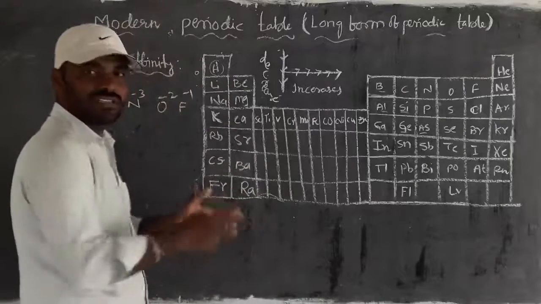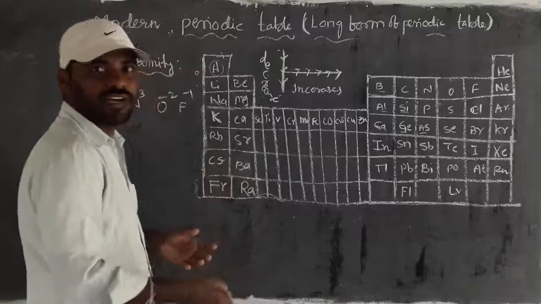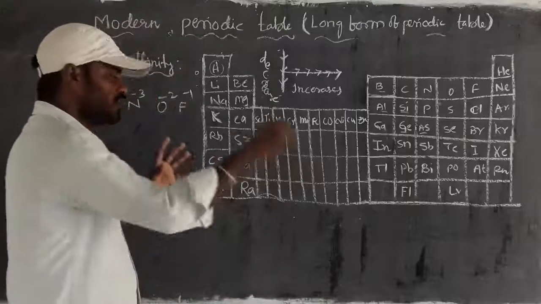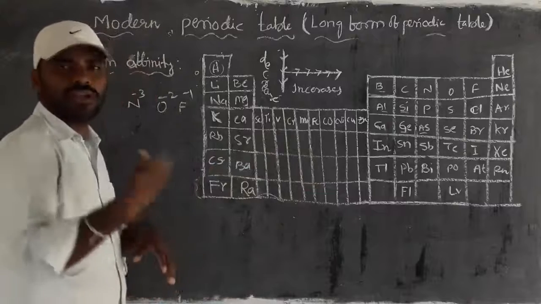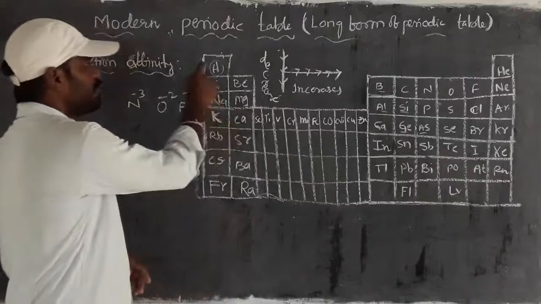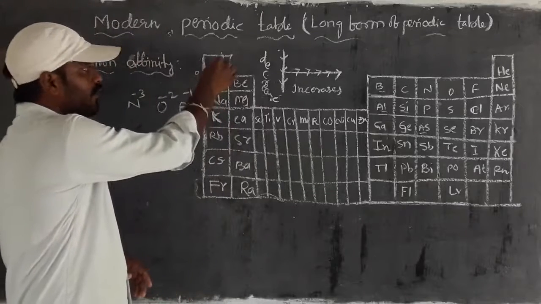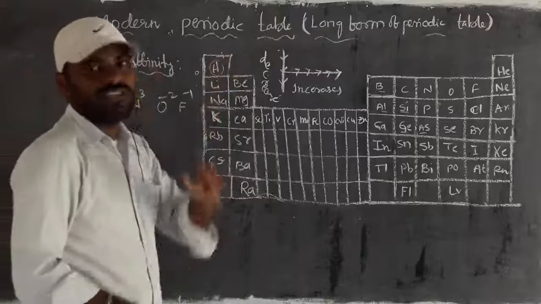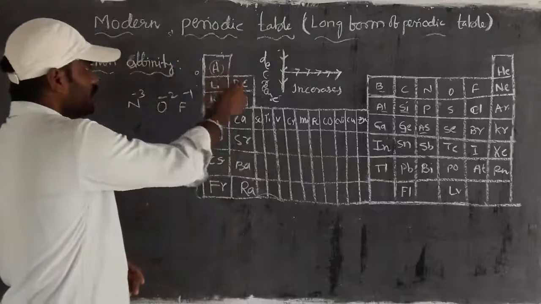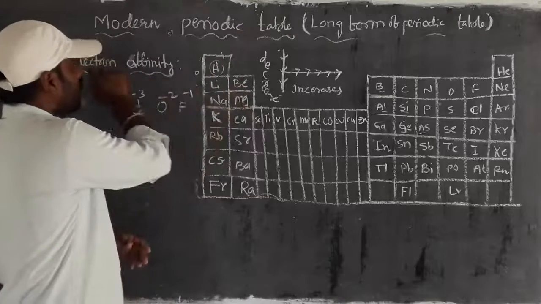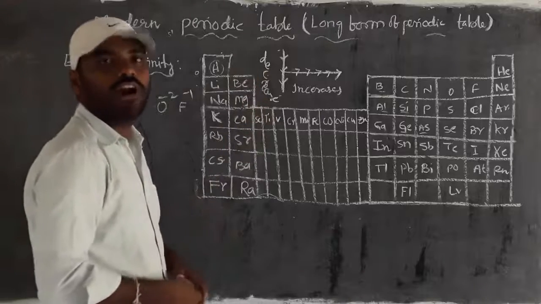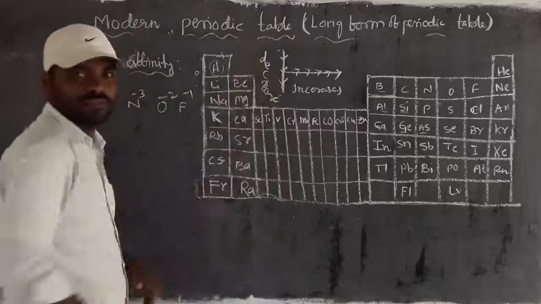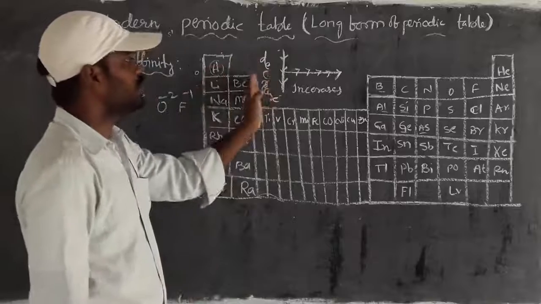So the nucleus attraction is less. For that, when an electron joins the outermost shell of the atom, the atom may or may not release energy, but it is possible when the atom is small in size. So we say the electron affinity value decreases due to increasing atomic size in the group. That is the variation in periods and groups.